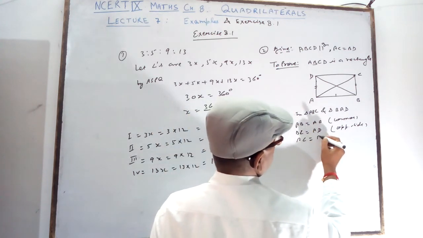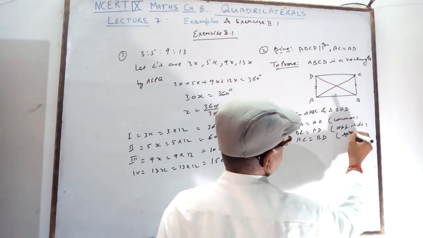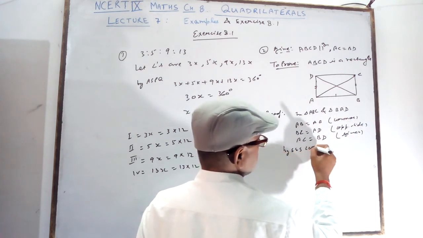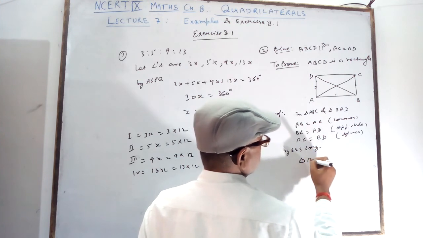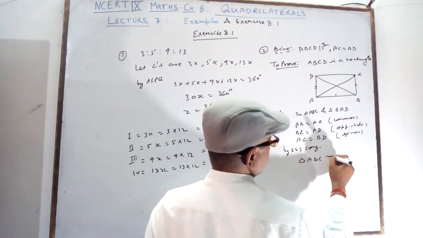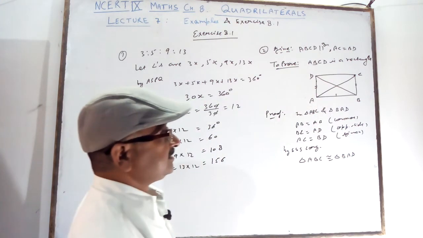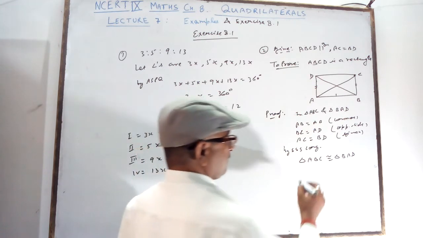AC is equal to BD, given. By SSS congruency, triangle ABC is congruent to triangle BAD.